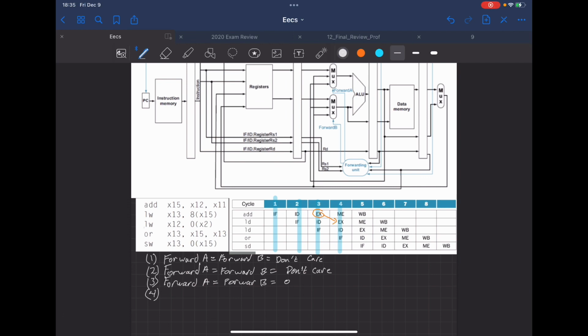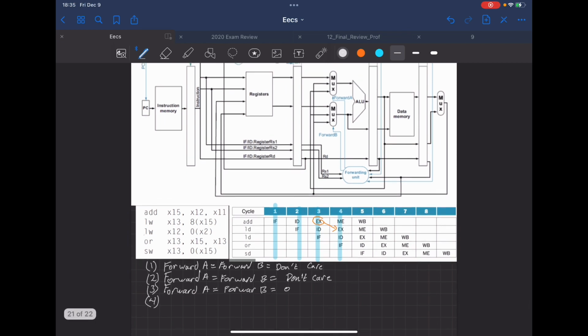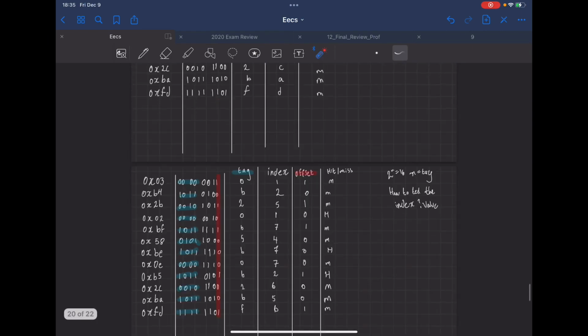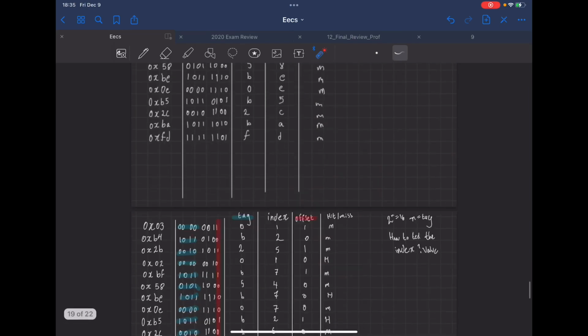That's a good question. We're going to choose forward A because, if we recall from up here, we use the immediate gen, or the sign extension, because we have an 8 for the load word as the offset, and it goes to one of the muxes.